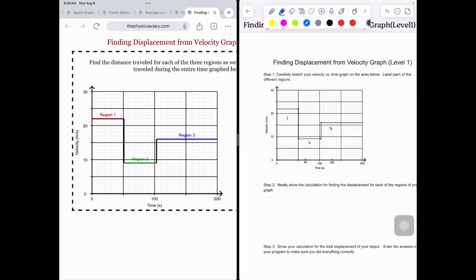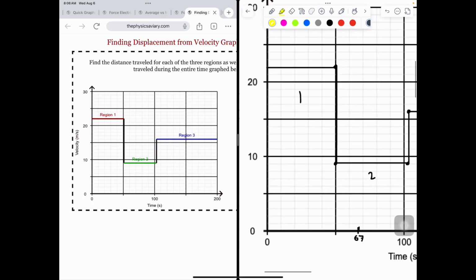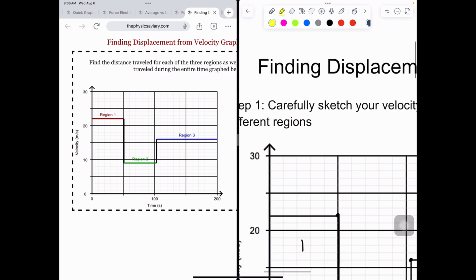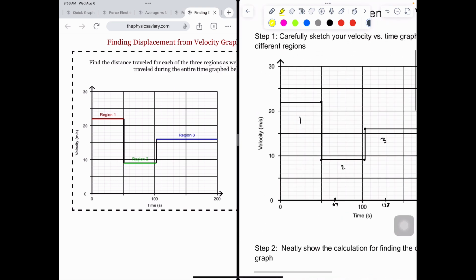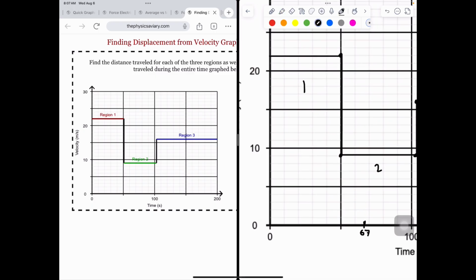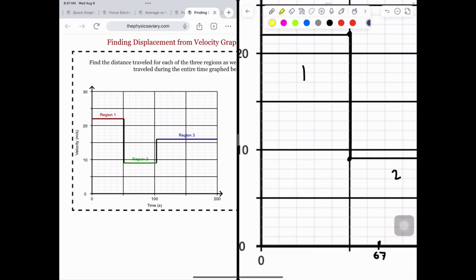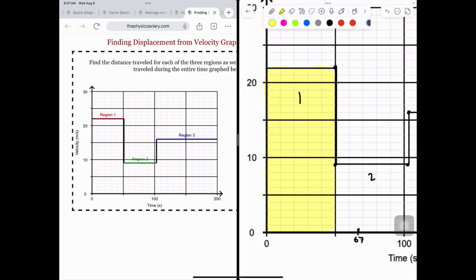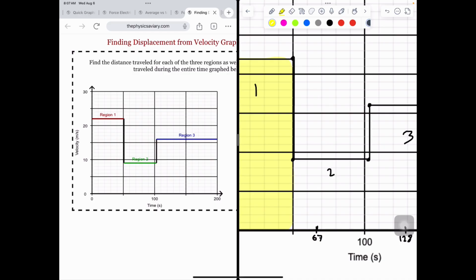Now, I'm going to go ahead and shade these regions just so I can look at them differently. My first region is a big rectangle. My second region, a smaller rectangle.